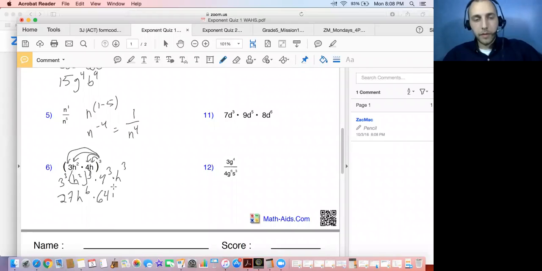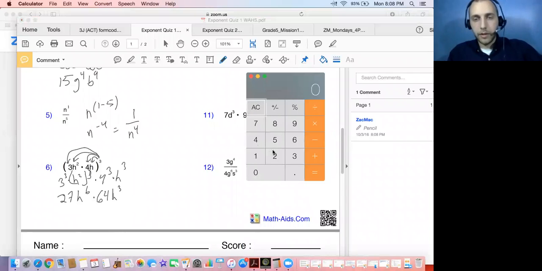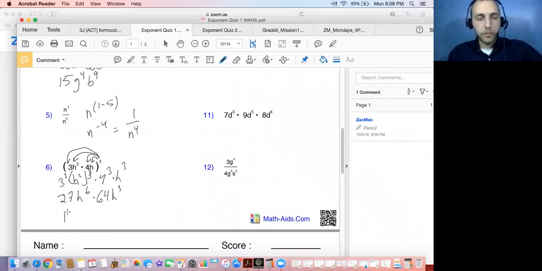And then we have h to the 3rd. So then we do 27 times 64. We'll work that out on my calculator here. 1,728. And then h to the 6th times h to the 3rd would be h to the 9th. Here we add the exponents when we multiply these like bases together.